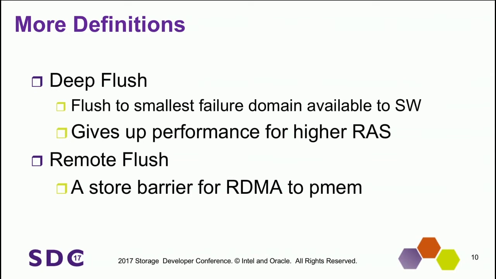The difference in performance between a regular flush and a deep flush is highly dependent on how much the deep flush ends up waiting for. It's called a deep flush, but on the Intel hardware, what it's really doing is marking everything and then waiting for it to drain. Because it's not a cache down in the memory controller, it's a queue.